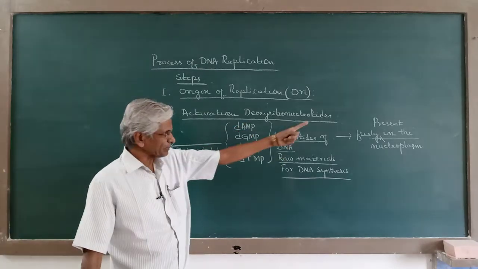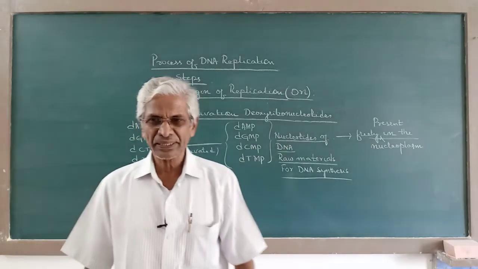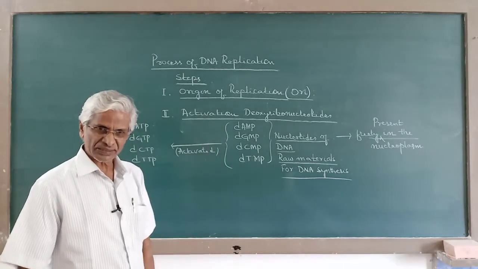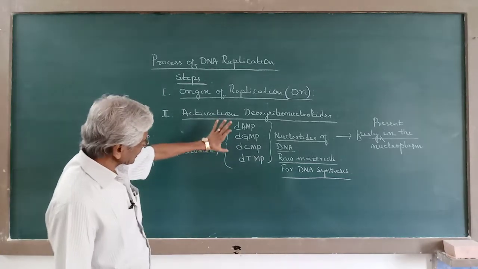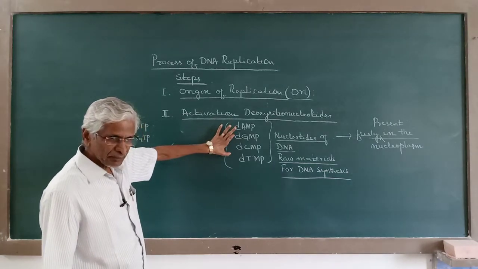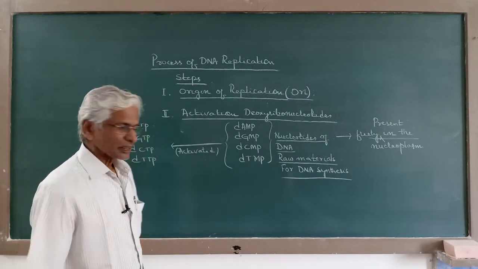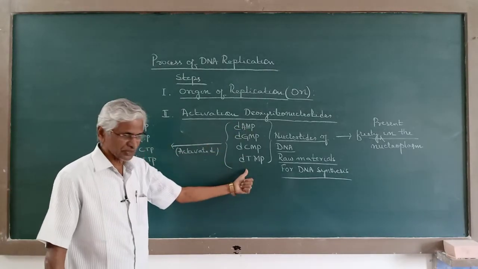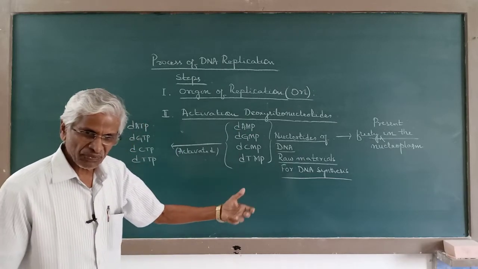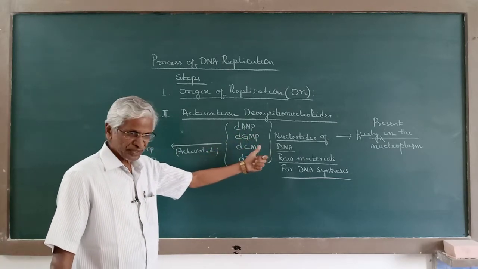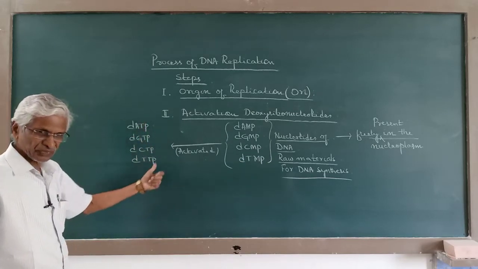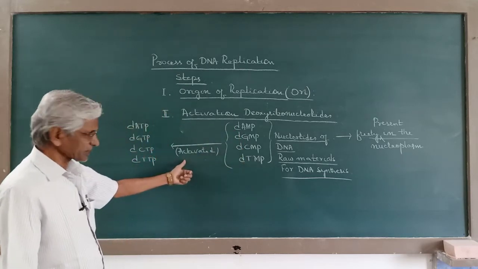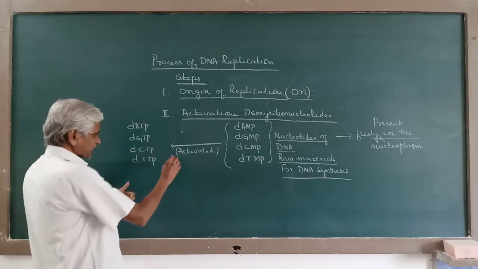These monophosphates are freely available in the nucleoplasm and are the raw materials for DNA synthesis. But at the time of DNA synthesis, it is necessary to have their activated form, the triphosphates.